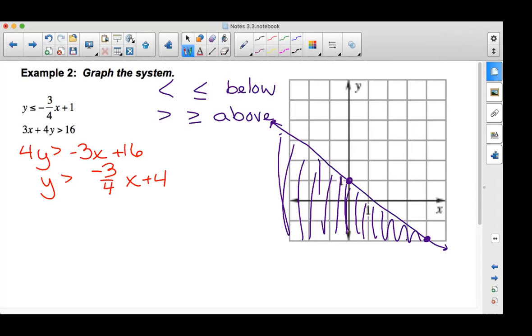Thanks. Here we go. So she said it would be a dashed line. And then how are we shading if it says greater than? Above. So any point on this line and we're going above the line.